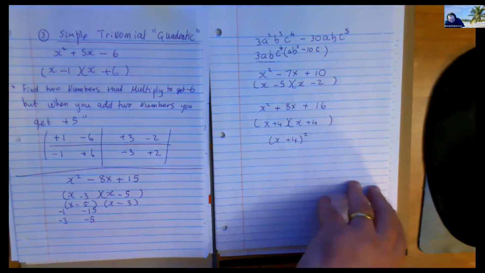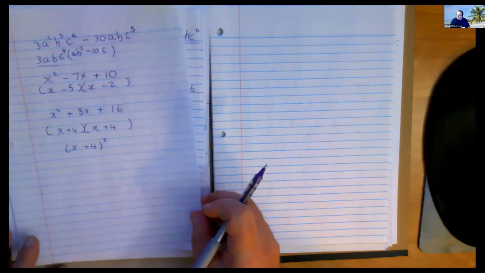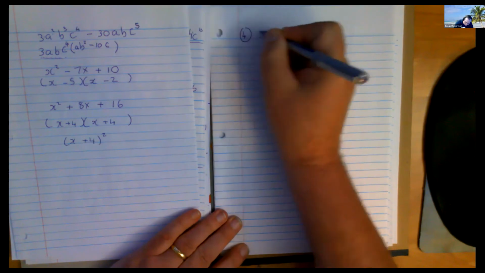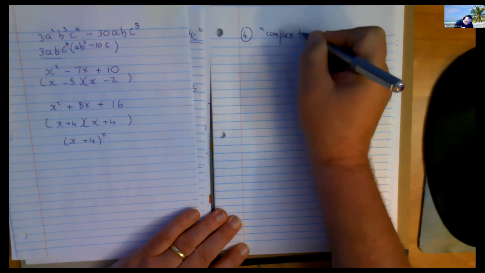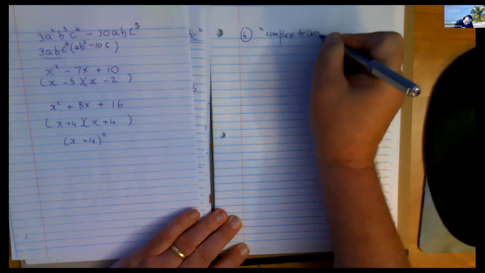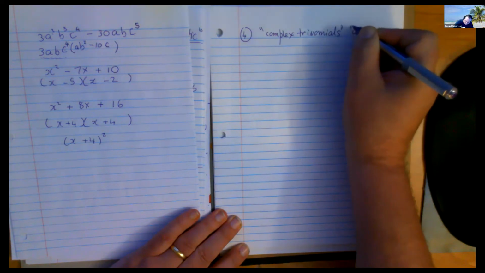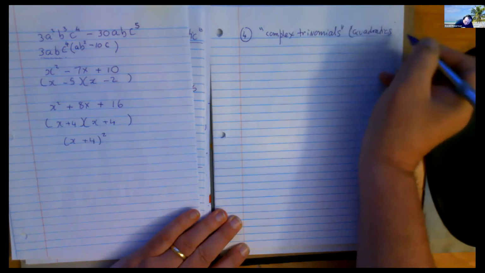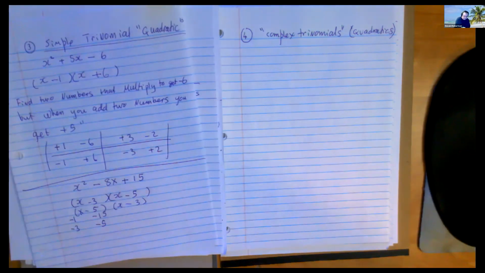Right, so let's move on to our fourth. I said there's 5, so we're getting our way through them. And this one's going to slow us down, I think. Complex trinomials. Also, you could call them quadratics. Well, what makes them different from simple?